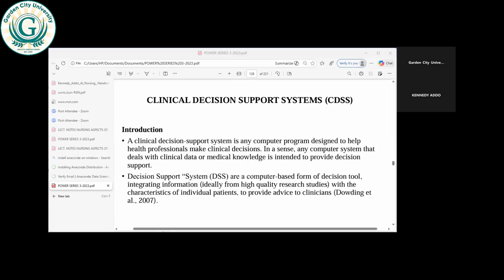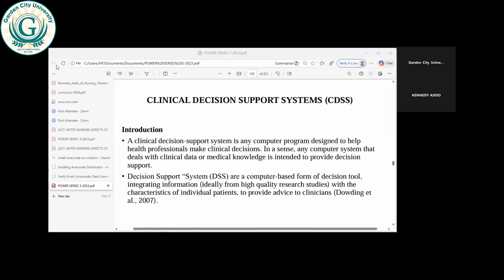Electronic health records, as we see, is just a common software that is meant to organize, collect, store, retrieve, and exchange patient information across the continuum of care delivery.